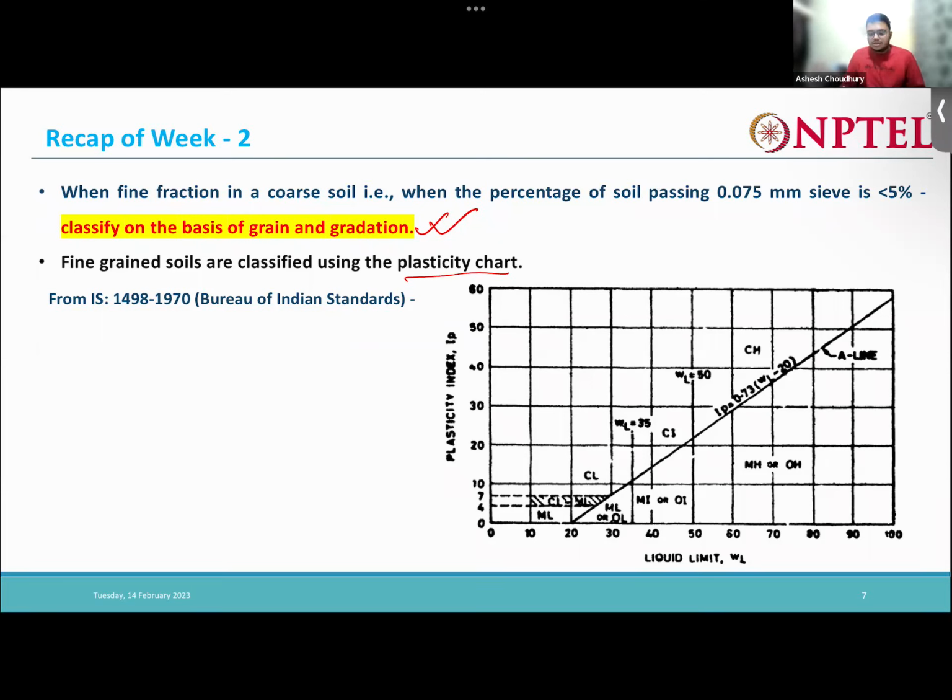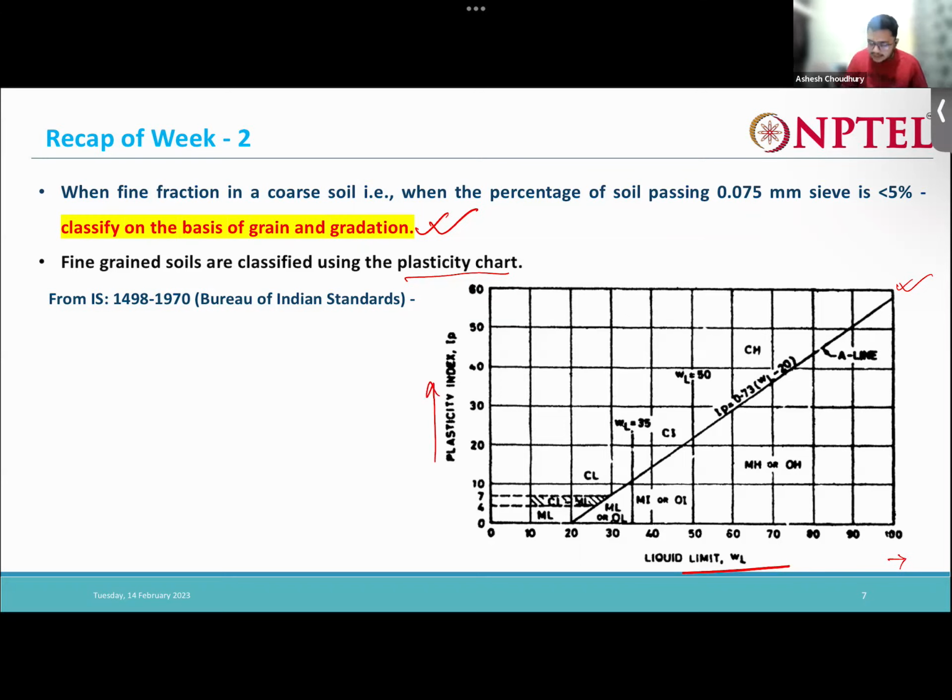So if our soil is predominantly fine grained, then we have to take the help of this chart in order to classify it. Let us look into this chart. On the x-axis, we have the liquid limit. On the y-axis, we have the plasticity index.